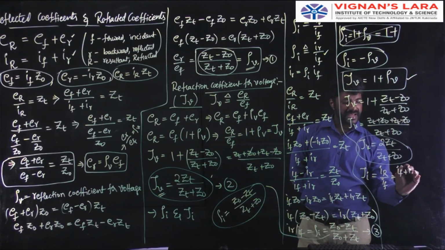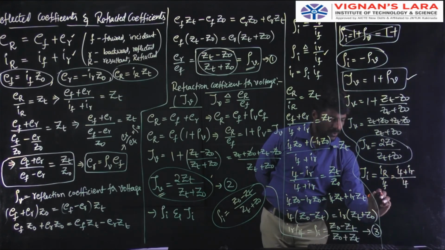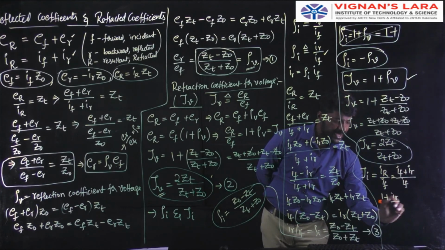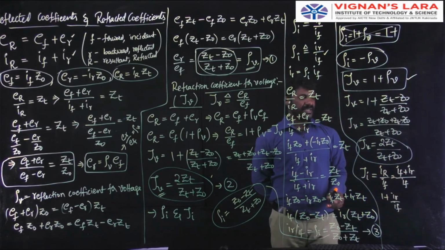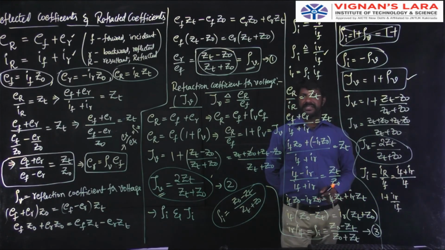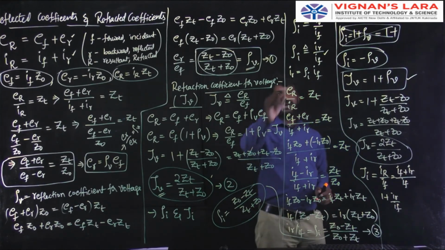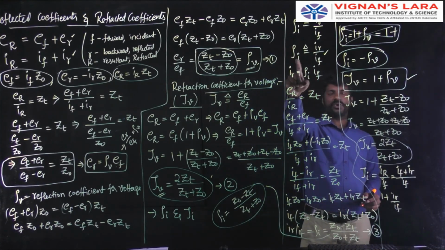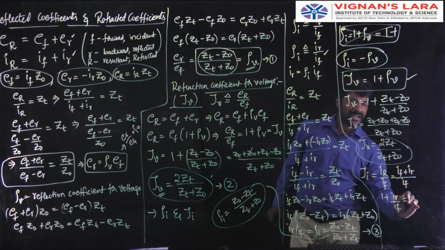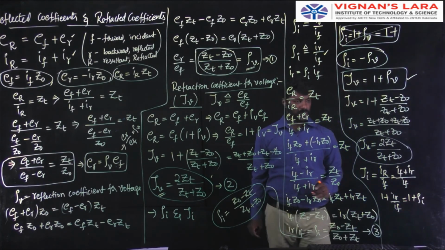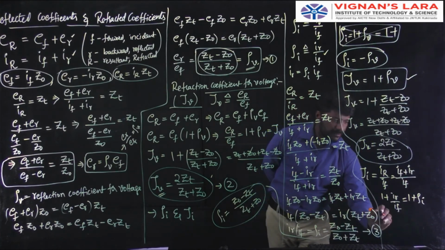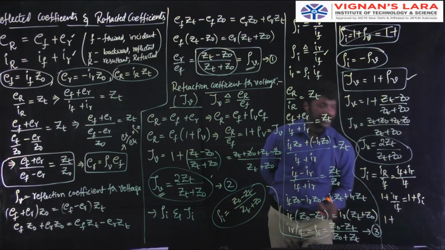What is that I refracted? IF plus IR by IF, that is 1 plus IR by IF. What is IR by IF? IR by IF, here we have written it as rho I, meaning its value is 1 plus rho I. Then its value will become 1 plus, what is rho I?